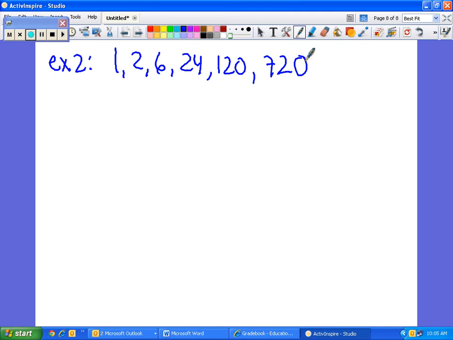Now, first thing you have to ask yourself is, is this multiplication or addition? Can you tell by just that number, or do you have to read the proof?